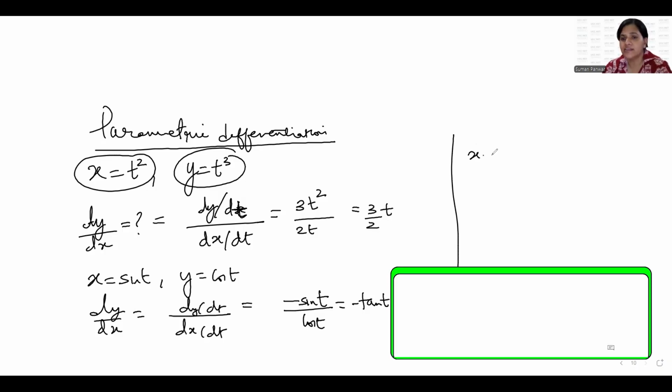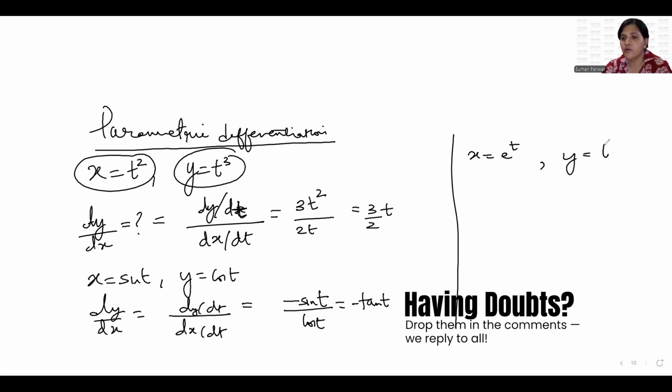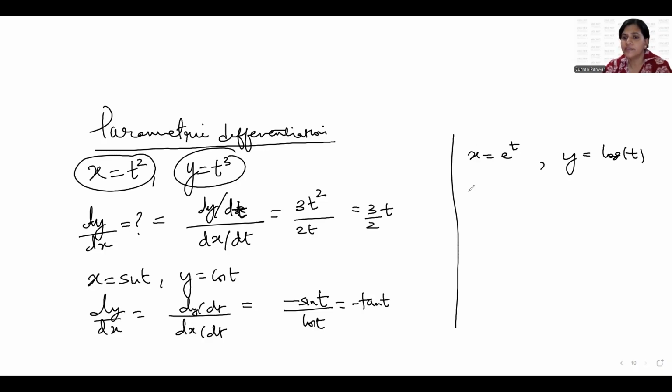Similarly, if x is equal to e power t, y is equal to log t, then what will dy by dx be? It will be dy by dt divided by dx by dt. What will be dy by dt? 1 upon t. What will be dx by dt? e power t.